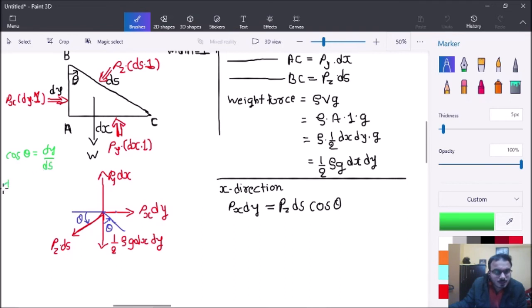So now dy is equal to ds into cos theta.